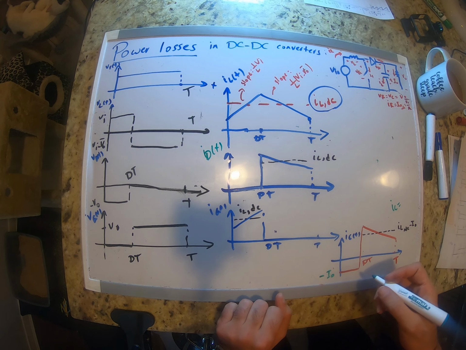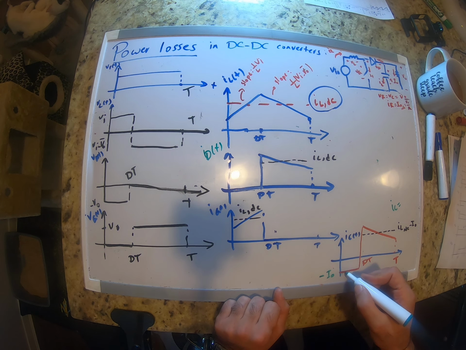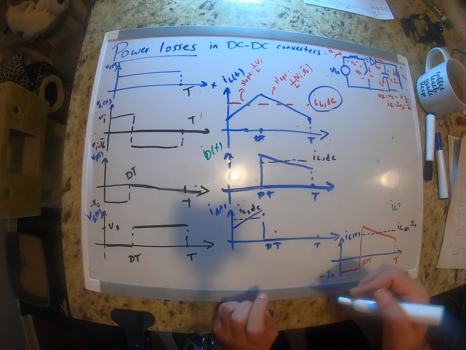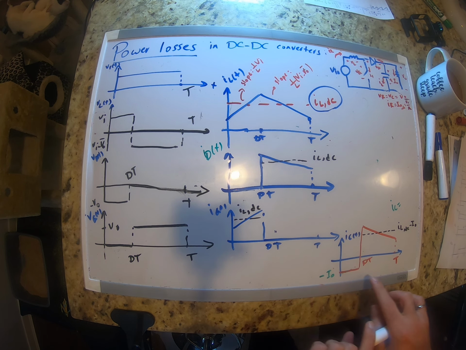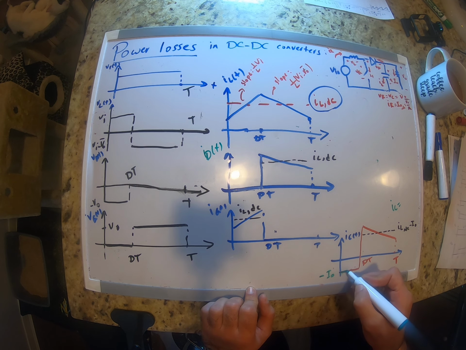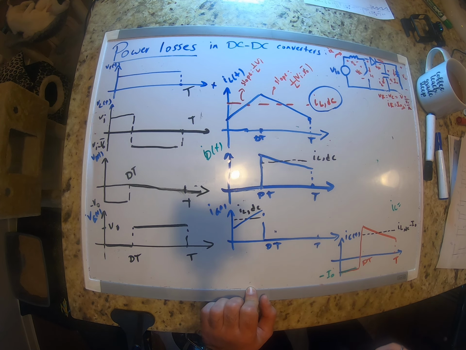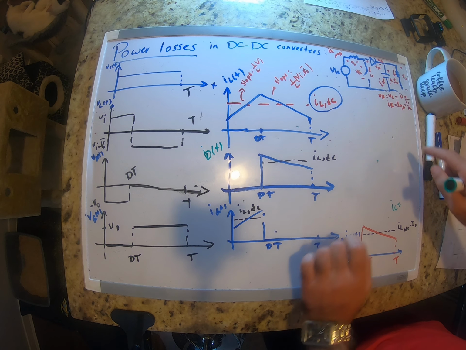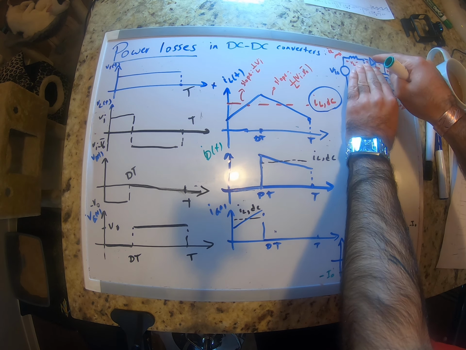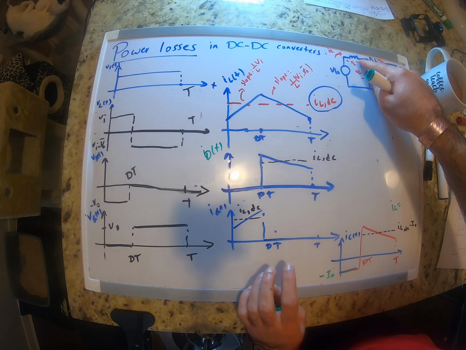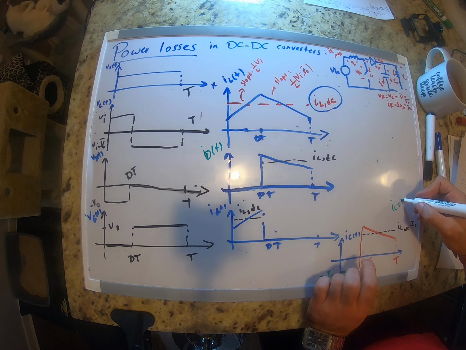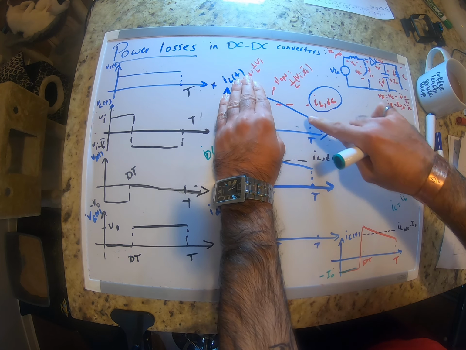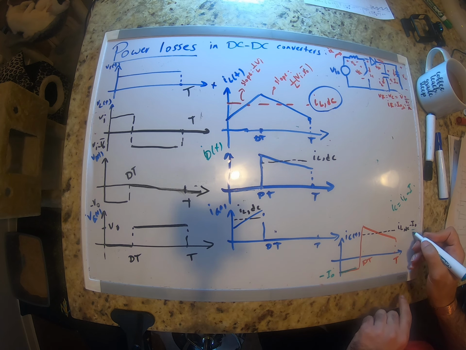You know that this is an RC circuit, so in practice it's going to be an exponential thing here. But because we assume that the capacitor is large enough that within this duty cycle it doesn't change, we can assume that this is constant. So this is going to be negative IO. When the switch is off, the diode is conducting. We know that IL is equal to IC plus IR. So at this point, IC becomes IL minus IO. It's as if we have this line and we shift it down this much.